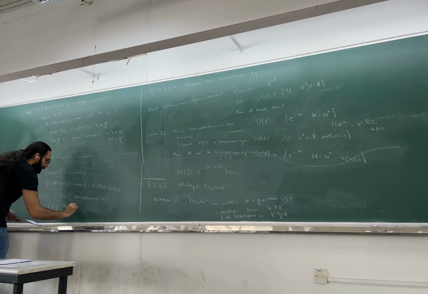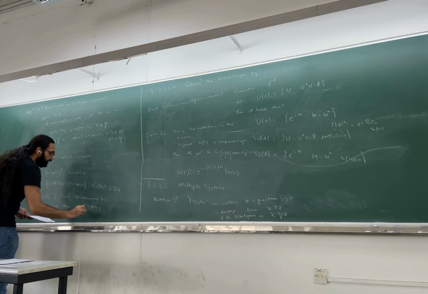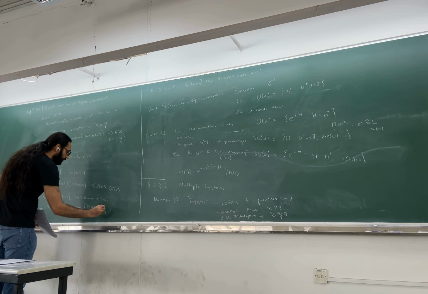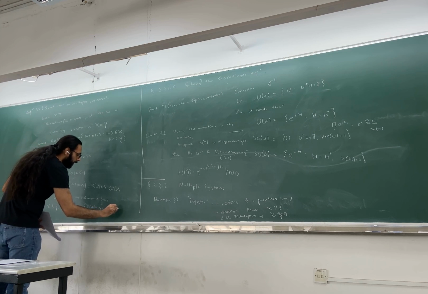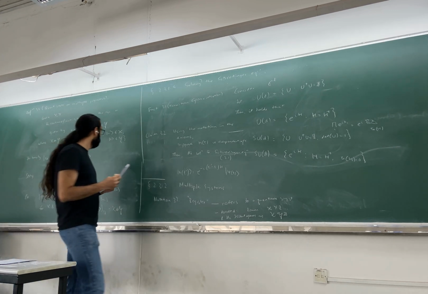Then the span of xi tensor yj, for ij, equals x tensor y. Okay? So that's an elementary exercise.